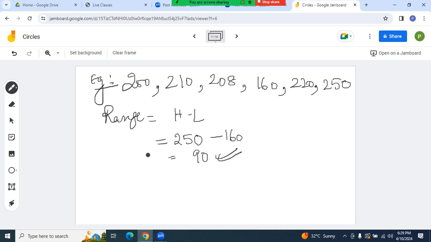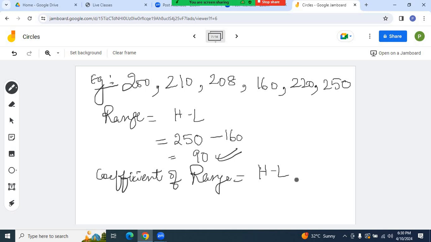Right? And along with the range, for dispersion we need knowledge of the coefficient of range. The formula is H minus L upon H plus L, highest value minus lowest value upon highest value plus lowest value.